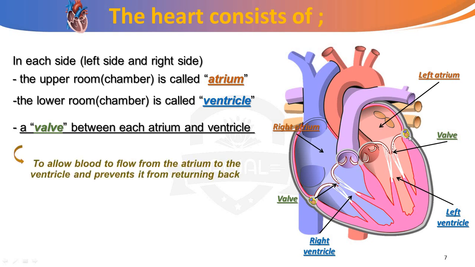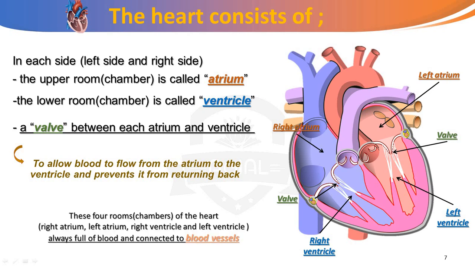So the valve allows blood to flow from the atrium to the ventricle and prevents it from returning back. The 4 rooms: right atrium, left atrium, right ventricle, and left ventricle, are always full of blood and connected to blood vessels.